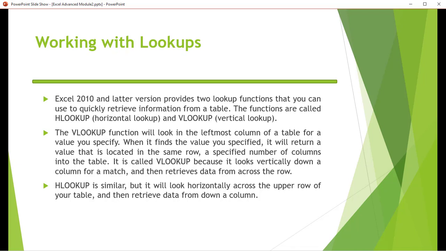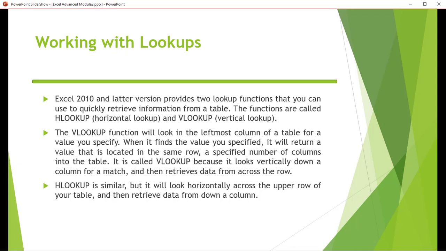The VLOOKUP function will look into the leftmost column of a table for a value you specify. When it finds the value you specify, it will return a value that is located on the same row, a specified number of columns into the table.